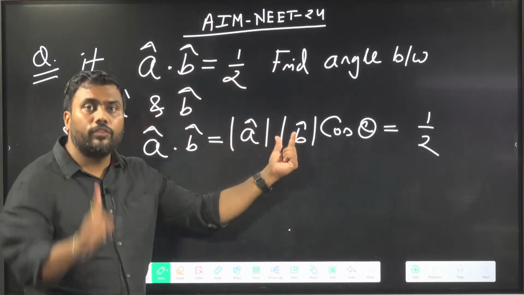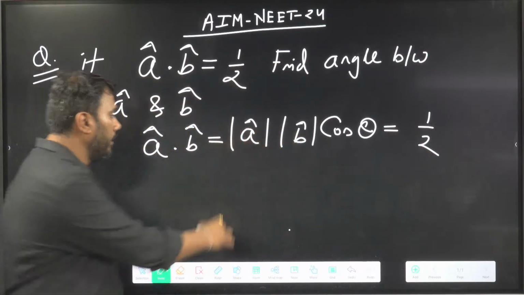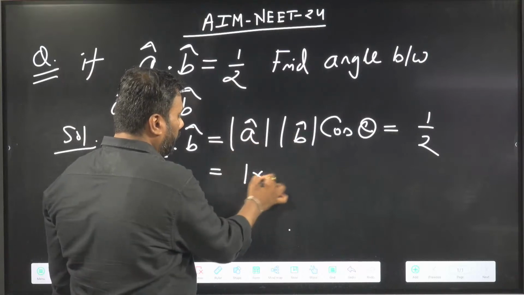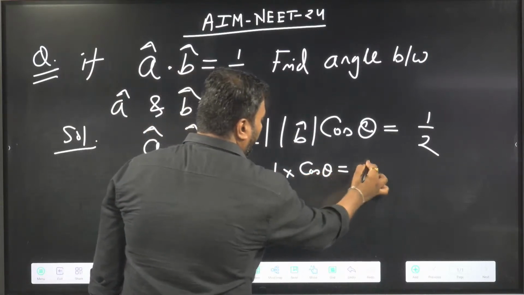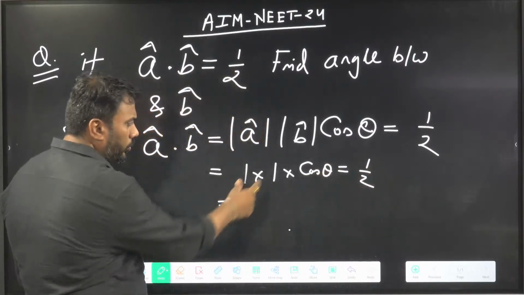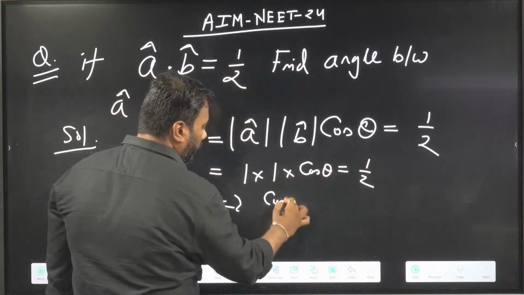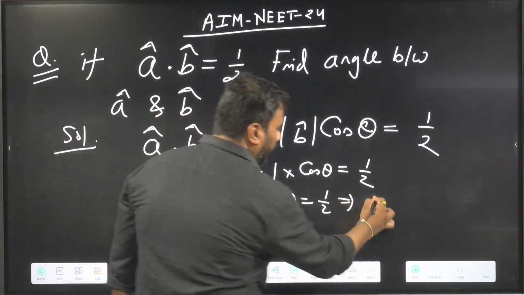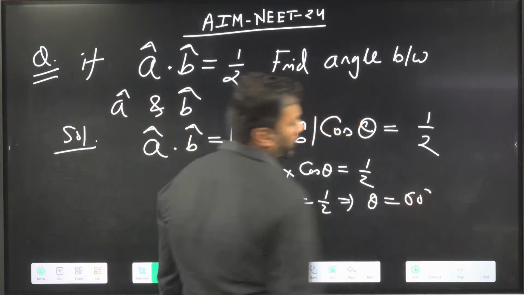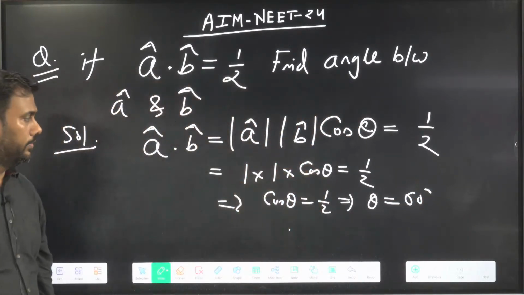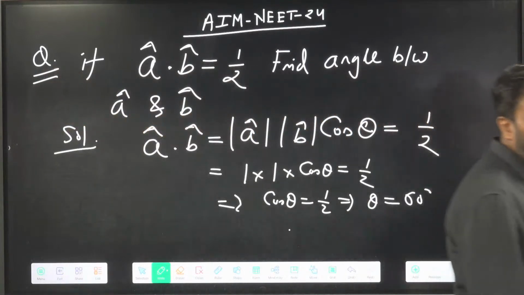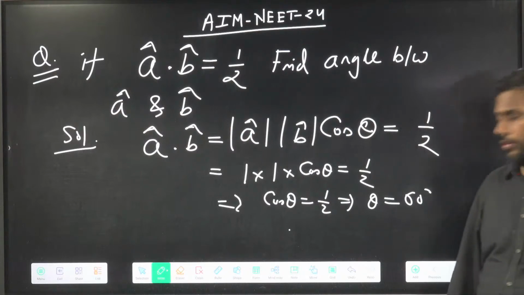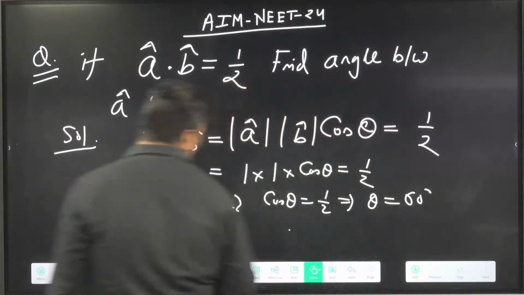Now cap means unit vector. So this is 1, B vector cap is also 1, into cos theta is half. So cos theta is half. It means theta must be 60 degrees. This should be our answer. It's an easy and very simple question. So we have started with a warm-up question.